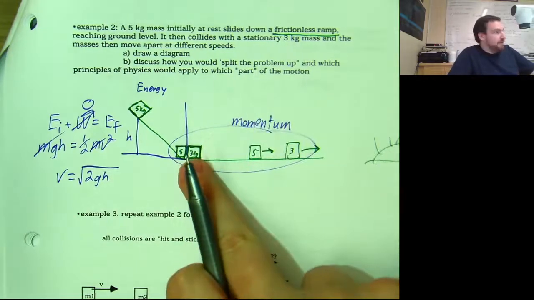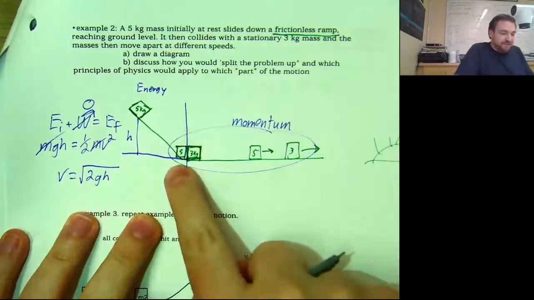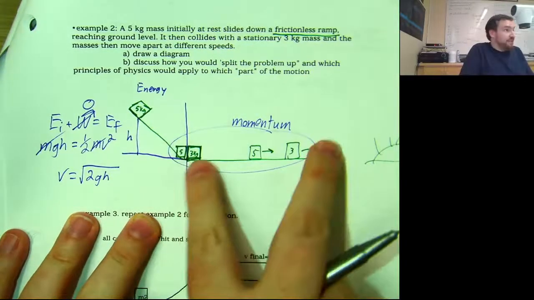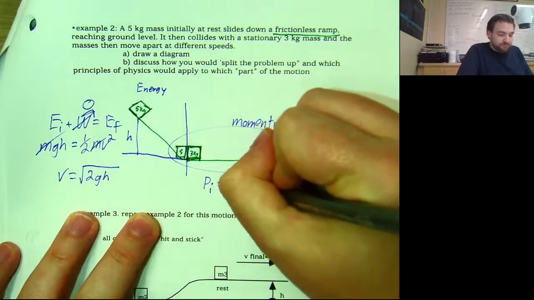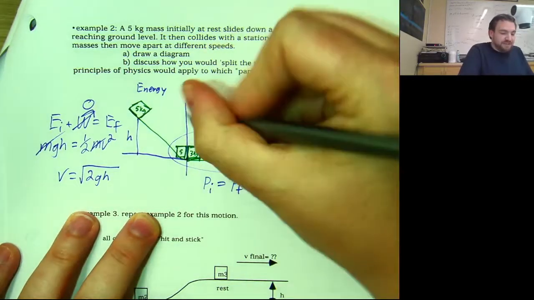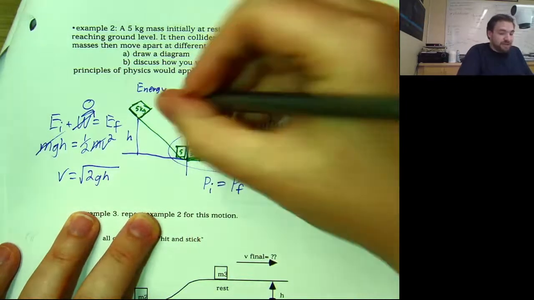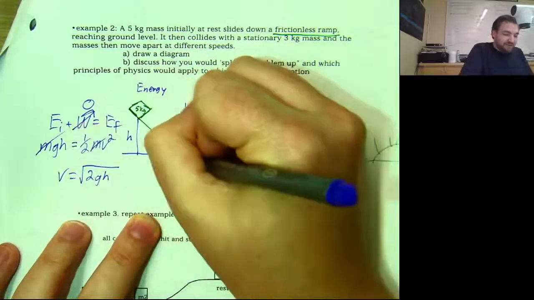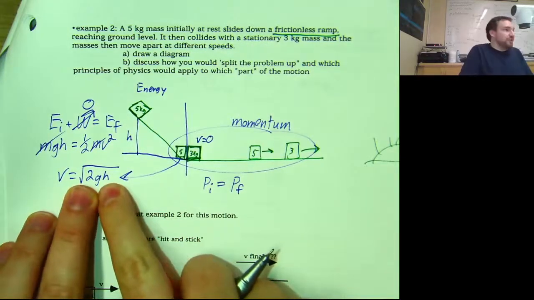And now we've got a momentum problem. You know the final velocity of this 5 kilogram object is going to become the initial velocity in the momentum portion. The initial momentum of this 3 kilogram block is 0. This 5 kilogram object has a velocity of root 2gh.